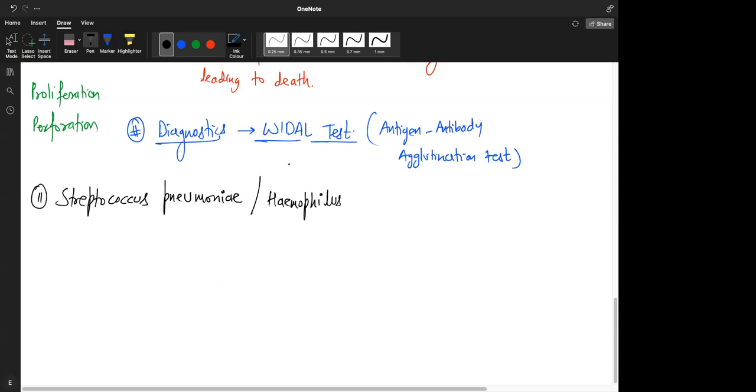Hemo, the word heme in biology means blood, as in hemophilia.